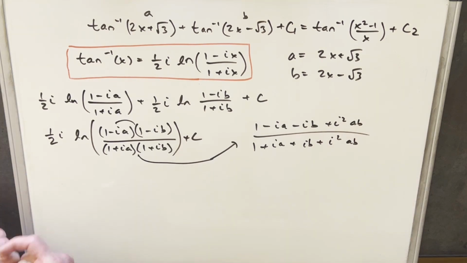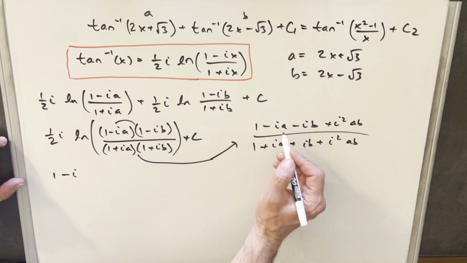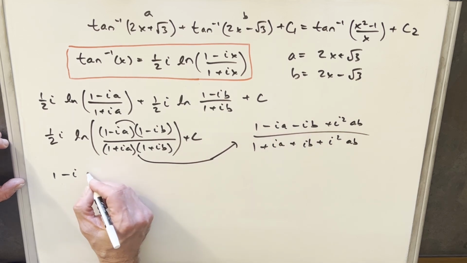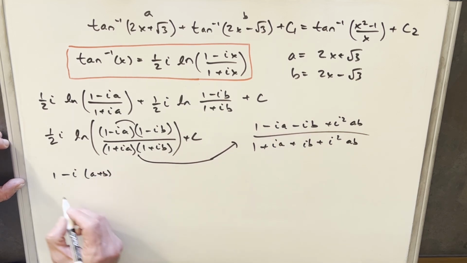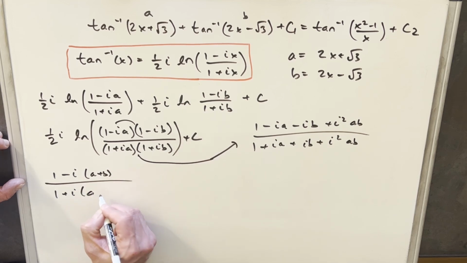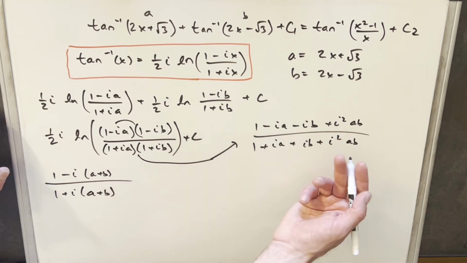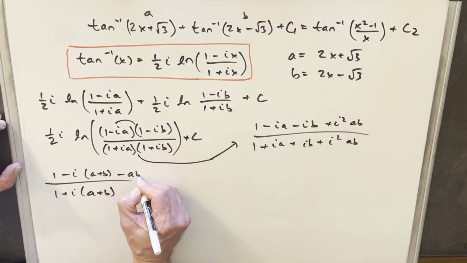Then continuing with this, rewriting it, for these middle terms I'm going to factor out a minus i, and so we're going to have an A plus B here. Very similar in the denominator, we'll factor out a plus i, and we'll have A plus B. Then here, i squared is negative 1, so we're going to have minus AB.